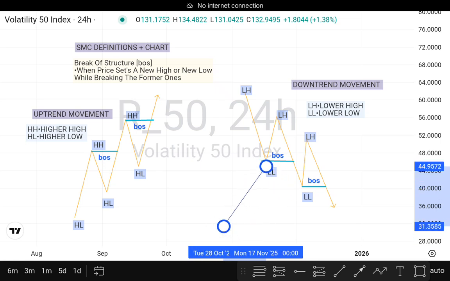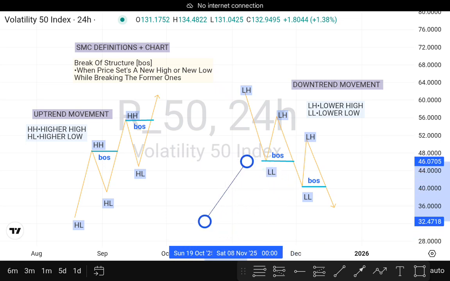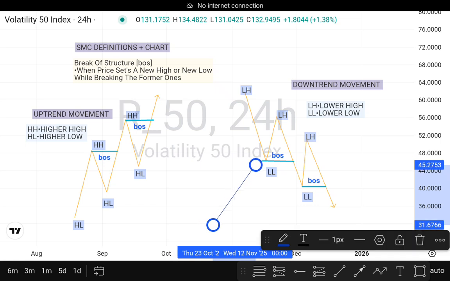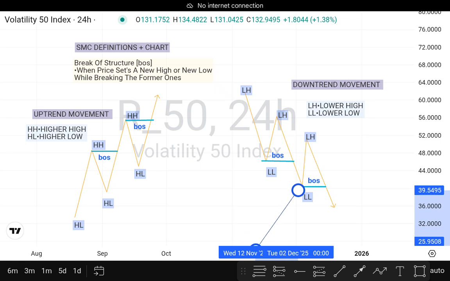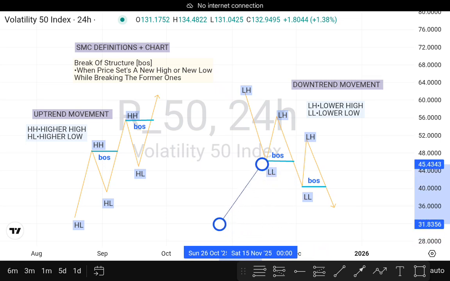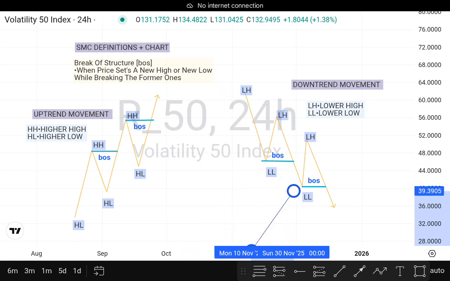So if this is the former low, we're going to name it a break of structure, because this level of a low has been taken out and a new low has formed. That's how we name this a break of structure, because the previous low has been taken out.